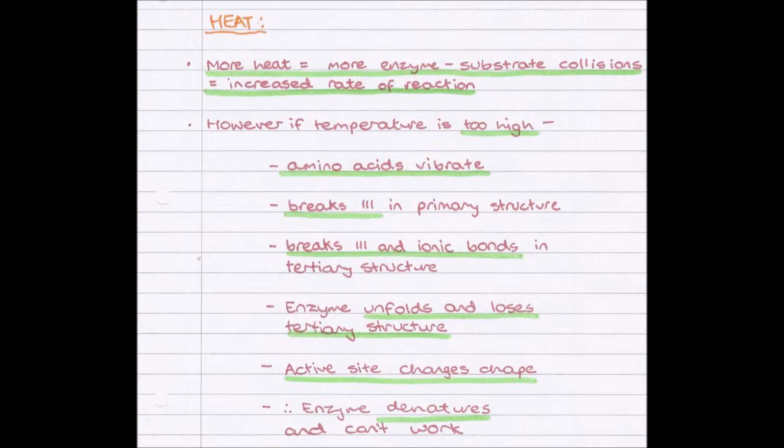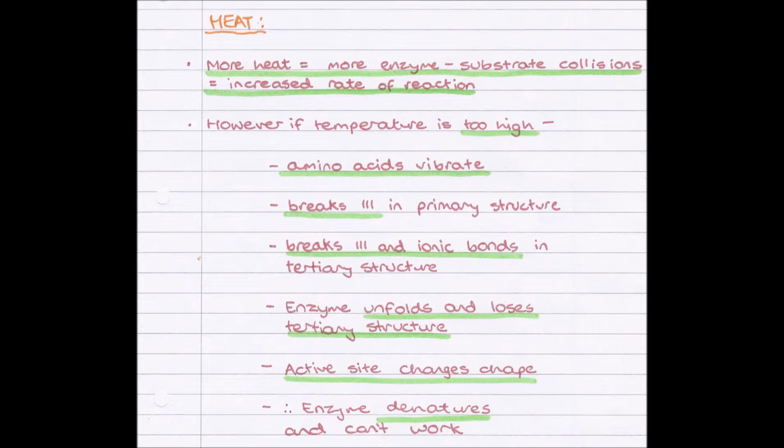However, if I increase the temperature too much, then we get this process of enzyme denaturing happening. And this is, again in a bit more detail, a step up from what you learned at GCSE. So if I increase the temperature too much, the individual amino acids within the protein will begin to vibrate.